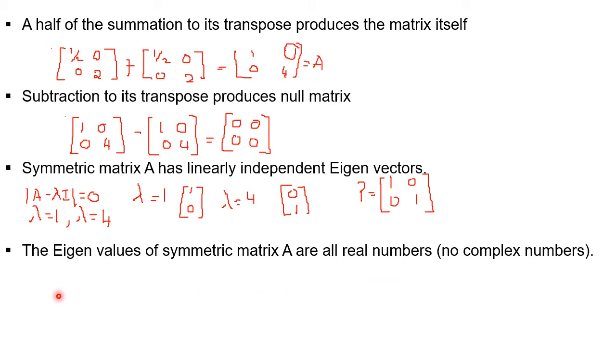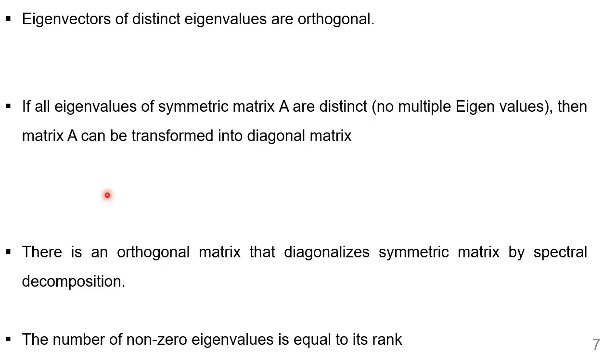Then the next statement says that the eigenvalues of symmetric matrix A are all real numbers, and as we have seen here, we have got eigenvalues lambda equal to 1, lambda equal to 4, both of them are real values. Eigenvectors of distinct eigenvalues are orthogonal to each other.